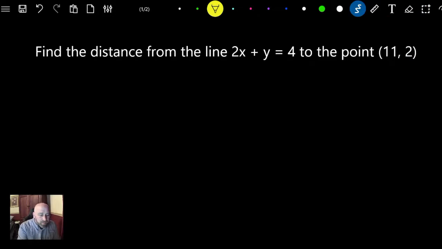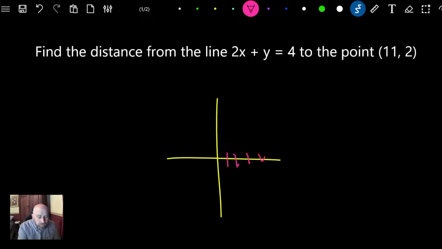Let's think through this. So, you've got your Cartesian plane, and you've got a point up here at (11, 2). So 11 over on the x, I'm not going to make it perfect, and 2 up on the y. Let's just say that it's over here somewhere, okay? That's the point. Now, this line is going some other direction. I'm not going to take the time to graph the line exactly, but I'll kind of get it close.